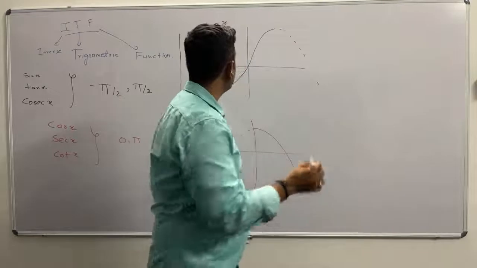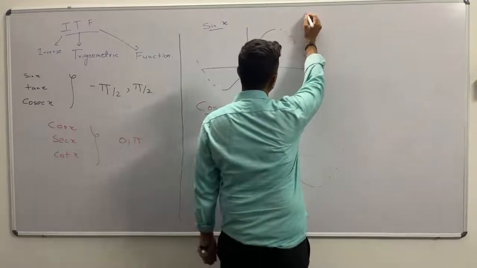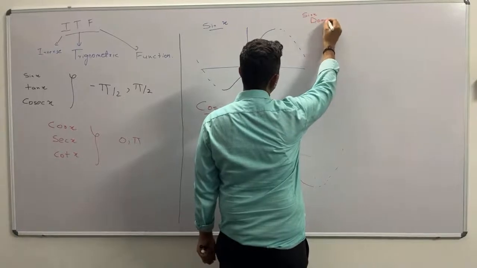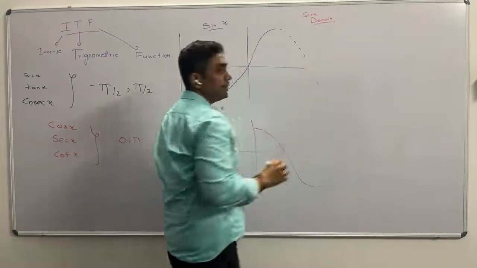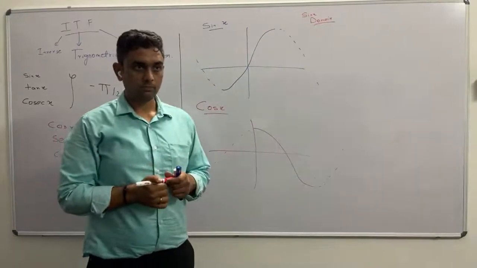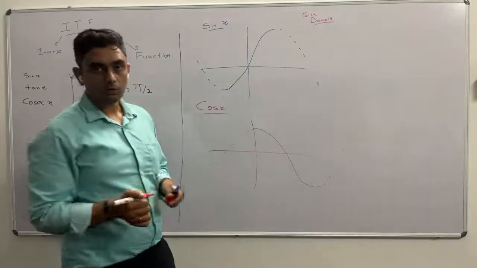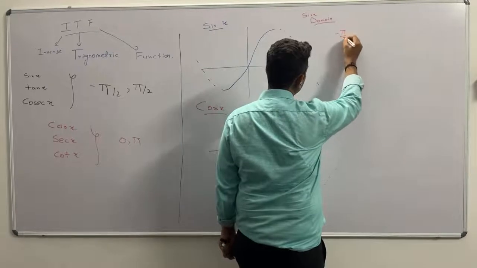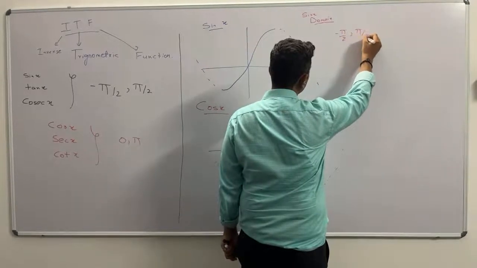So now what will be the domain of this new sin x graph, Rishwant? What is the domain? Correct. So the domain we get over here is from minus pi by 2 to pi by 2.